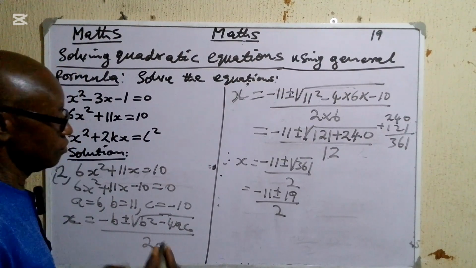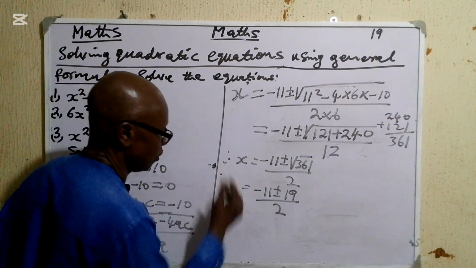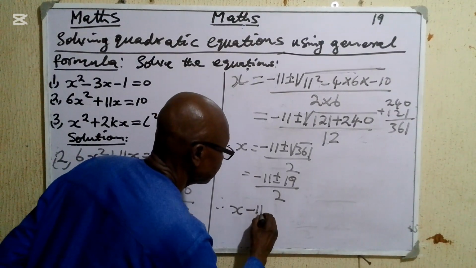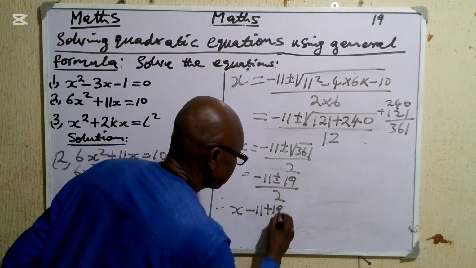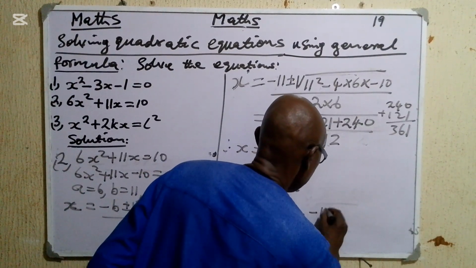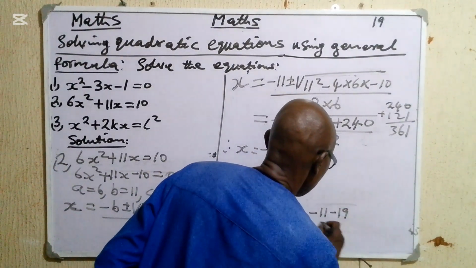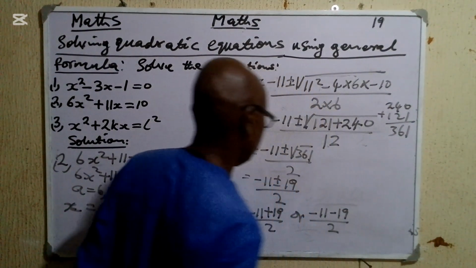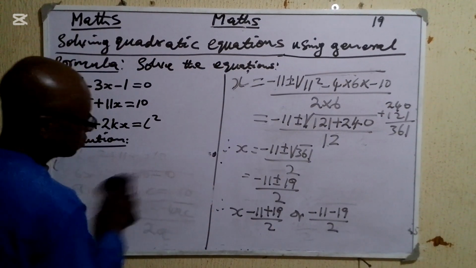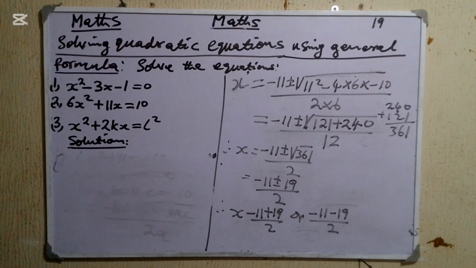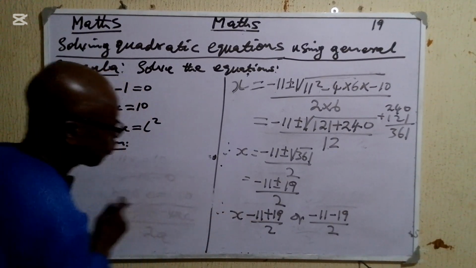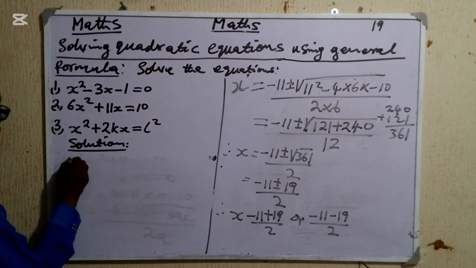So for us to now get the values or the roots of x, it means that x is either minus 11 plus 19 all over 2 or minus 11 minus 19 all over 2. Then you carry out the division.